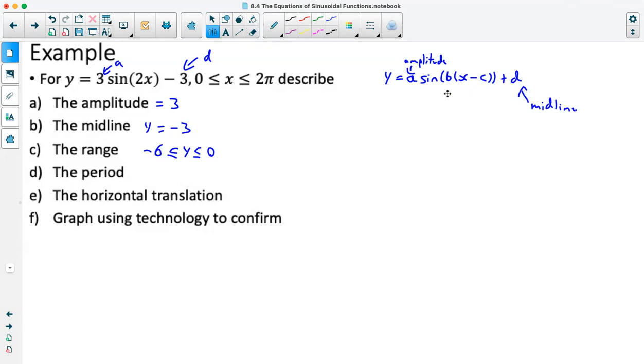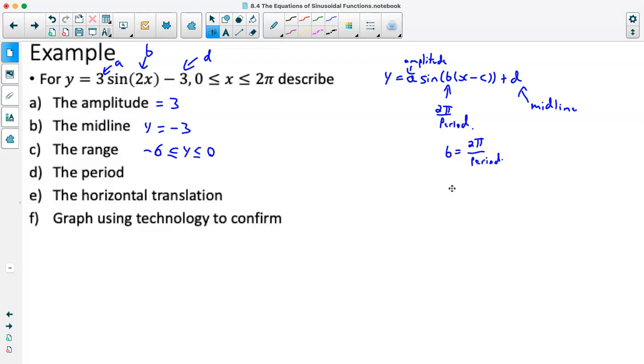Now, B controls our horizontal stretching or compressing. So B is 2 pi divided by our period. In this case, 2 is our B value. So we've got B equals 2 pi over our period.